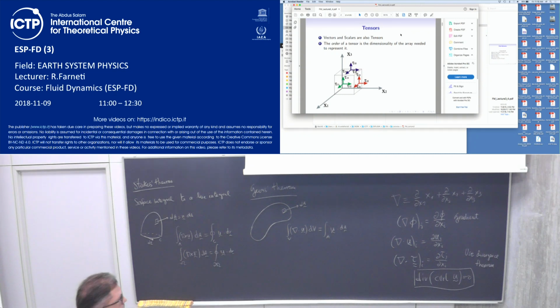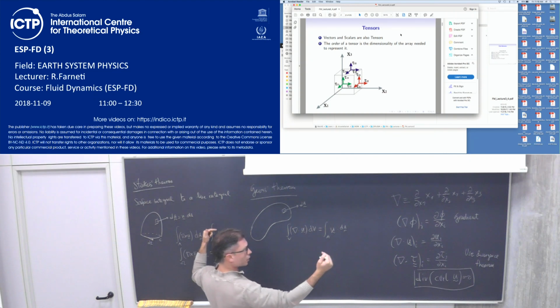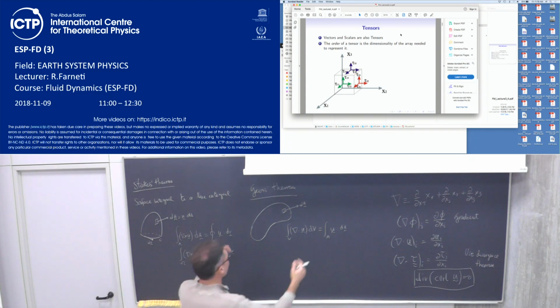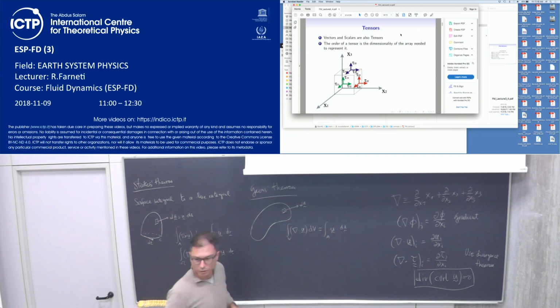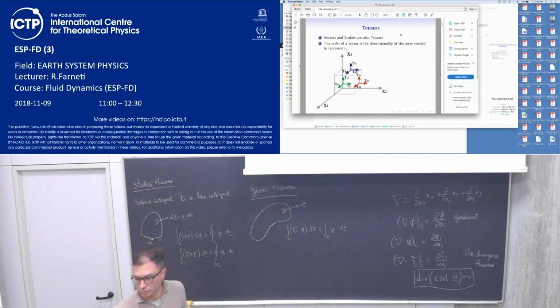Okay, so for example, if you have sources and sinks of velocity or any other tracer that you might consider, inside your volume, the net sources and sinks will be equal to the area integral of your velocity. Okay, so you've got stuff going in and out. The net effect will be the outward flux of your vector field. Okay, that's intuitive.